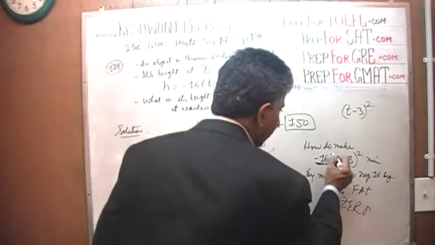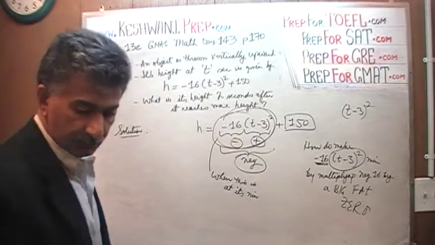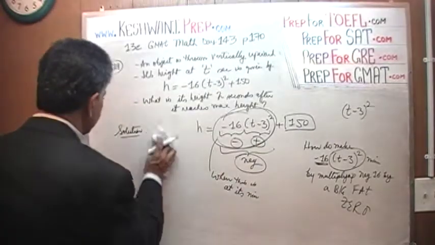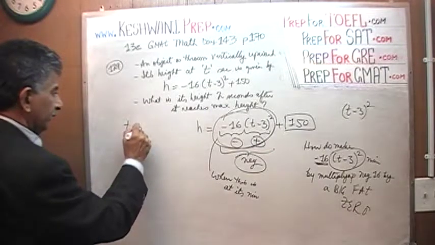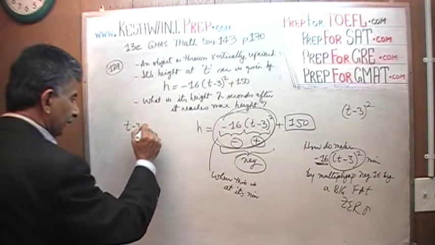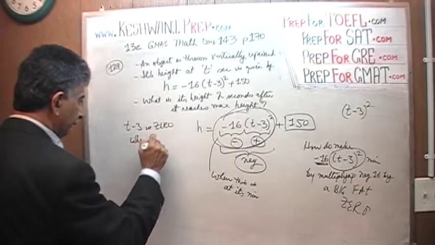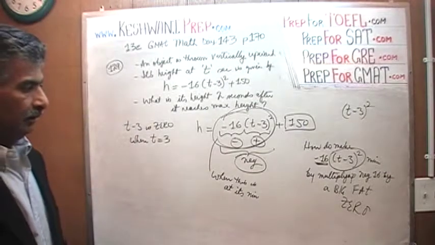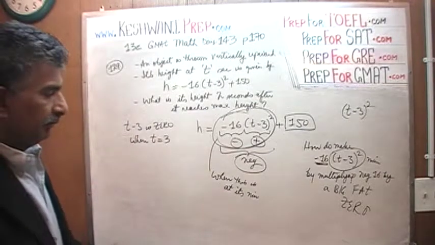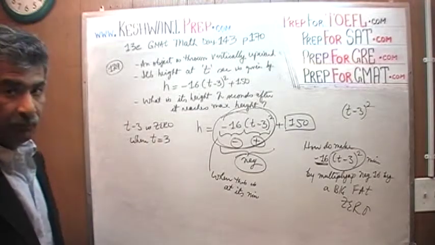In other words, we have to make this guy 0. How do we make that guy 0? Let's do it here. t minus 3 is 0 when t equals 3. Voila! When t equals 3. By multiplying by a big fat 0. Then that happens when t is equal to 3.